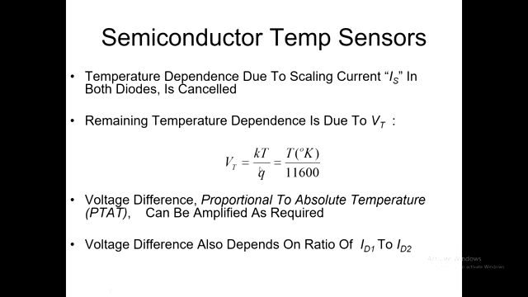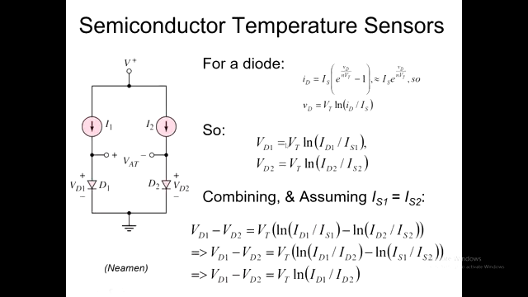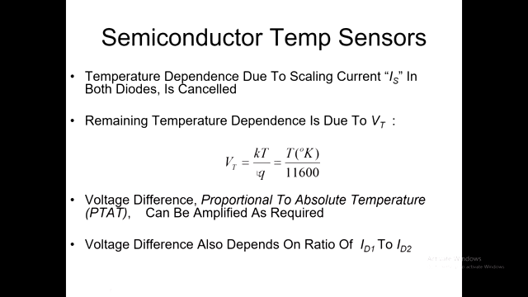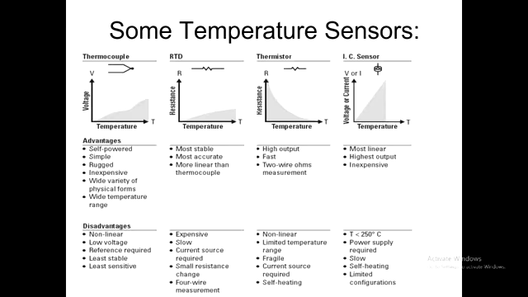Because knowing the voltage between those two points, we know this voltage difference, we know the quotient of currents, so if we can remember kT on Q, then we can infer T. Good? Does that make sense? Hopefully it will in the future.